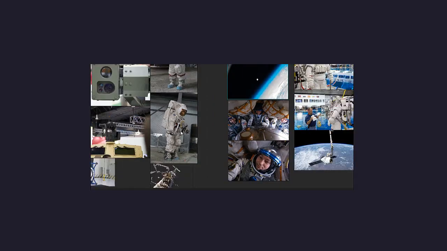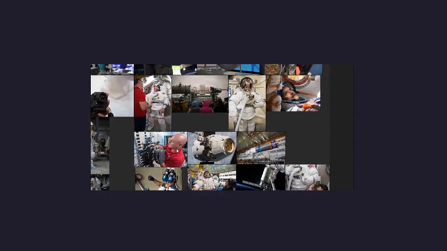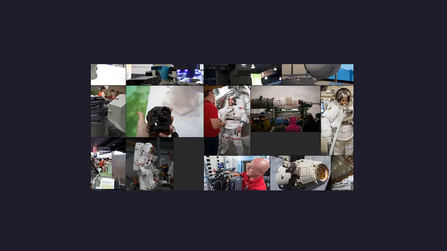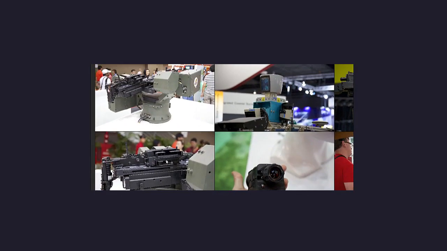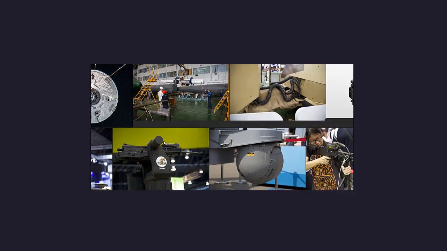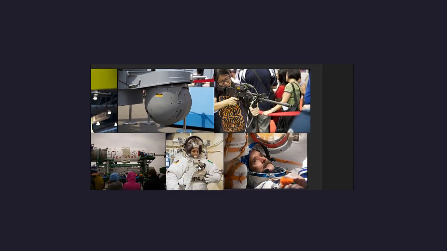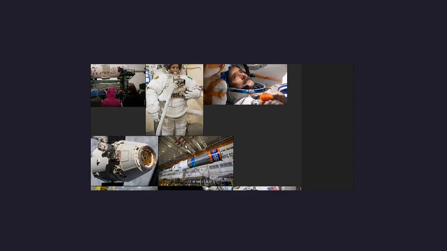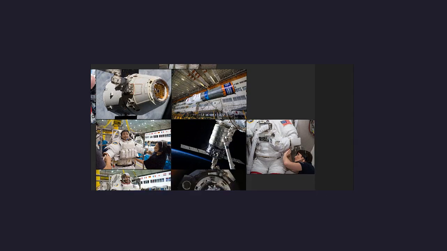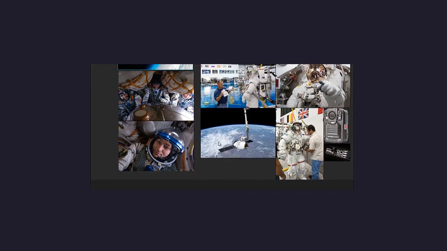So I had real life references of spacesuits, and I was looking at cameras, I was looking at weaponry, and I was looking at satellites and all this sort of industrial stuff, closing mechanisms, rockets, everything that has to do with space, pretty much.